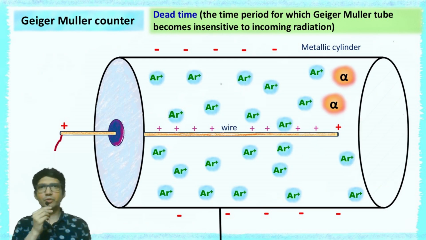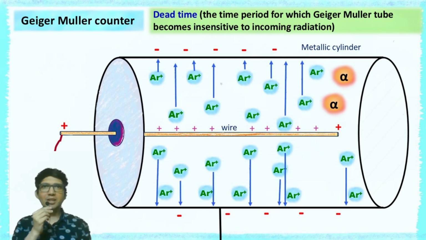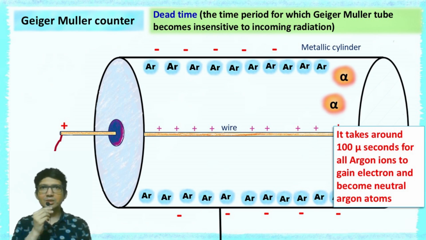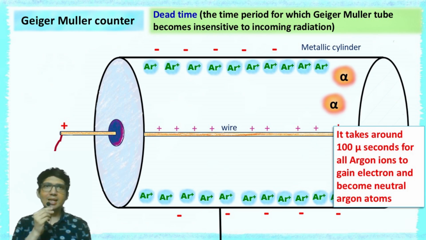Let us understand this phenomenon in detail. The positively charged argon ions travels towards the negatively charged cylinder. Since the cylinder is negative, the argon ions, upon reaching the cylinder, gains the electron and again becomes neutral argon atom.